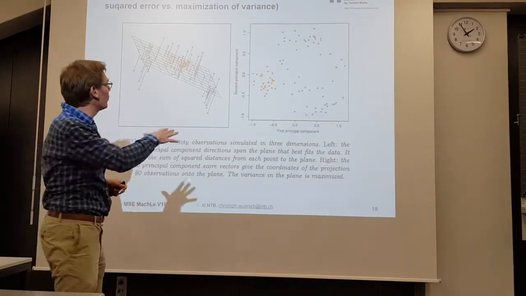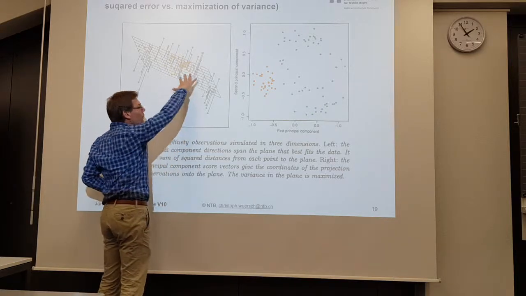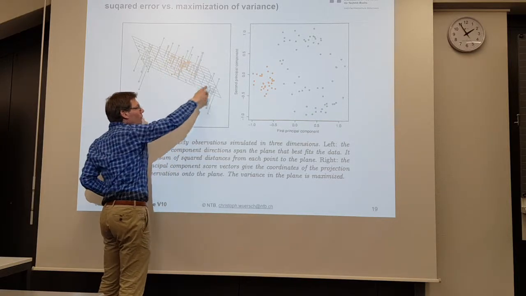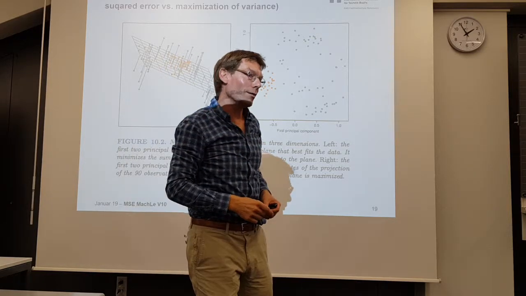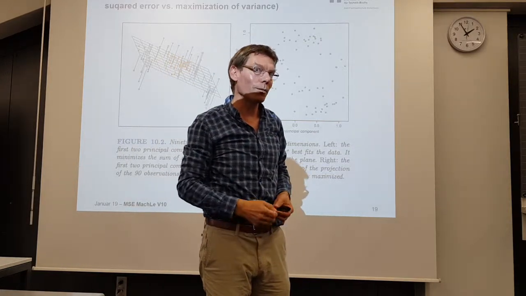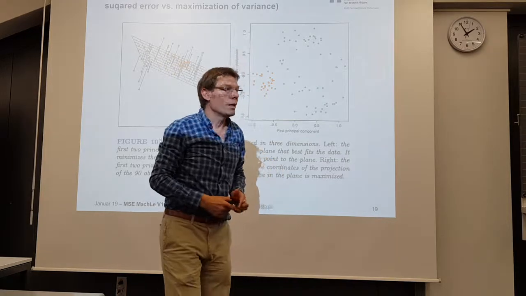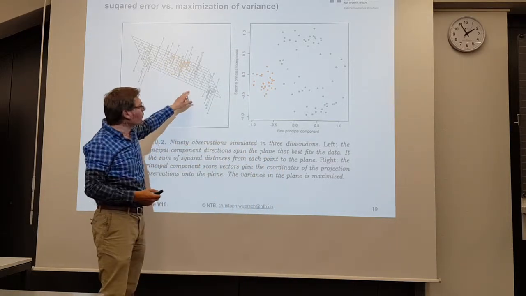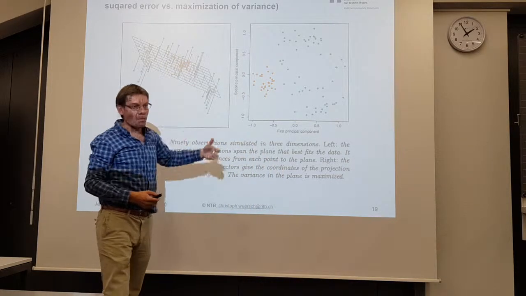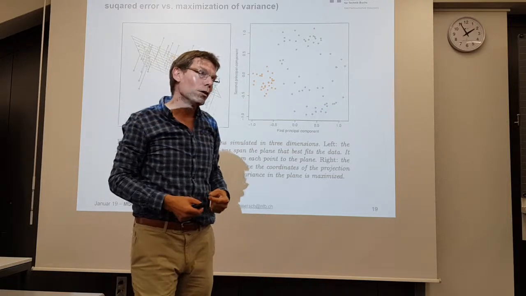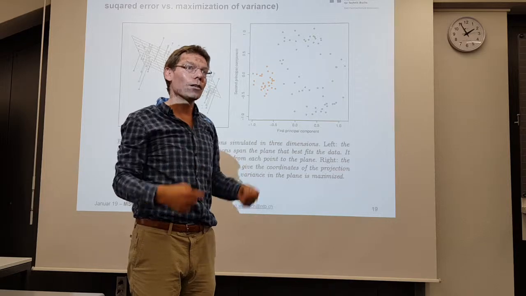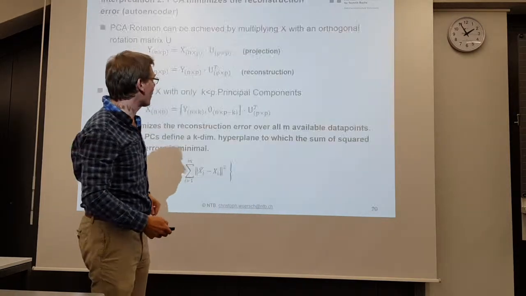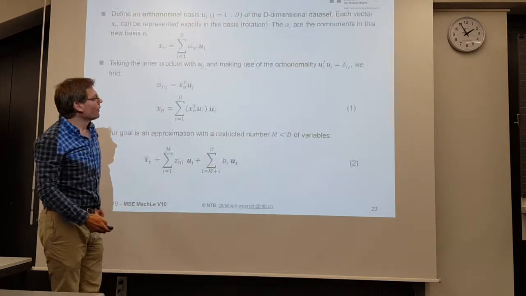How do I have to put my hyperplane into this data bunch such that the quadratic length of these lines is minimized? This leads to the same problem. Maximum variance of the data in my hyperplane is the same thing as minimizing the error of representing the data by a projection onto this hyperplane. It's the same thing.